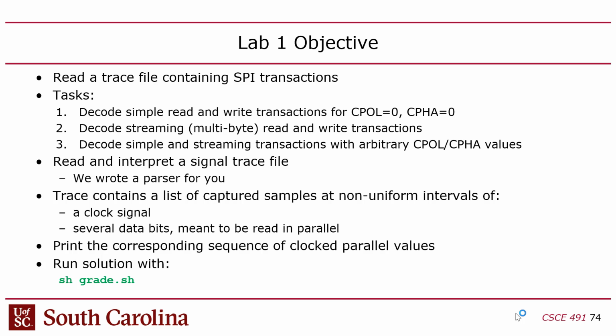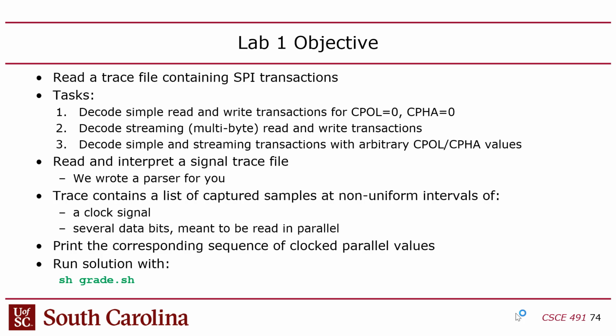So the idea is to read a trace file, which is a text file that contains essentially what you see in the timing diagram. It's just a text file with lines, with rows, and each line has a timestamp, and then the columns are the values that were sampled at that time. Make sense?